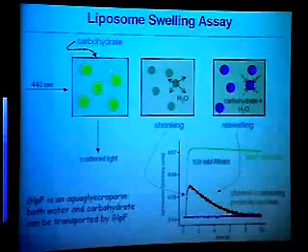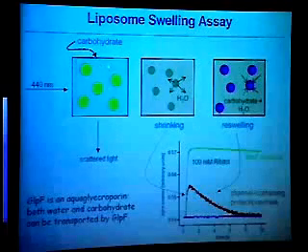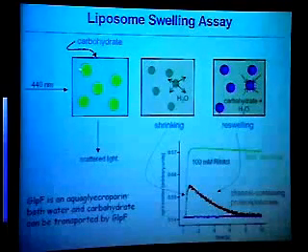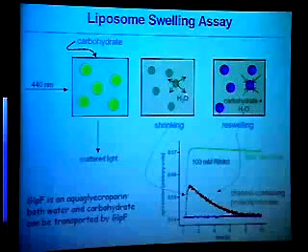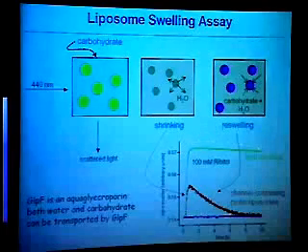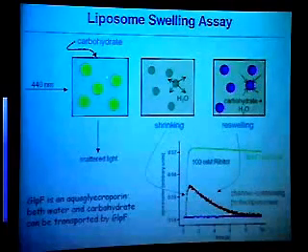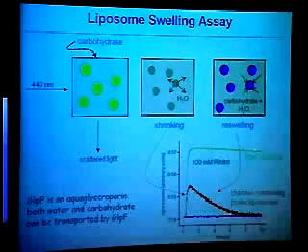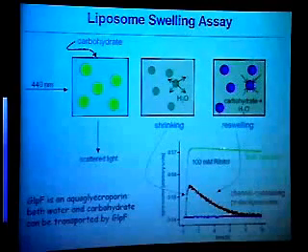Therefore, the presence of carbohydrate induces an osmotic pressure and brings water out of these vesicles. So we will have a shrinkage. Look at this green curve here, a shrinkage of these vesicles, and then they stay in that reduced size.